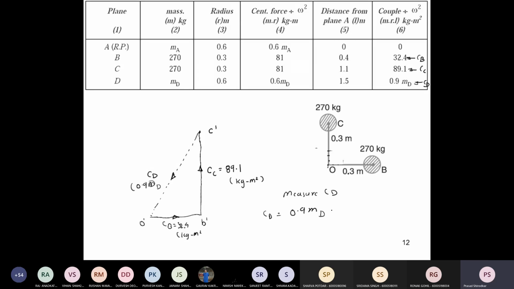MD is equal to C dash O dash, and tell me the value in kg meter square. Find out the value in kg meter square. So I will give you a couple of minutes.